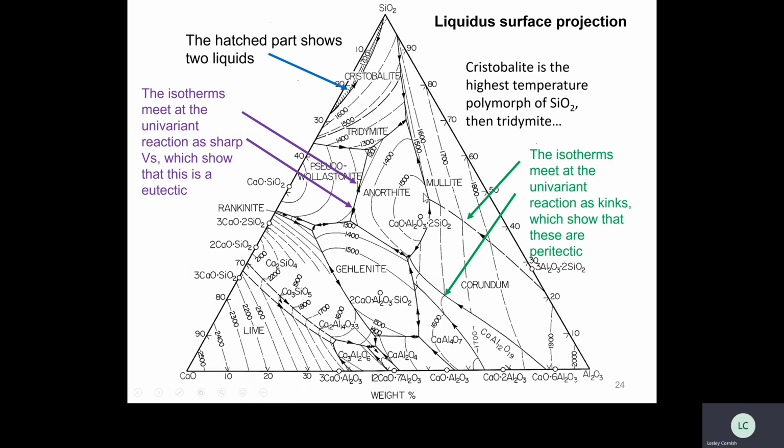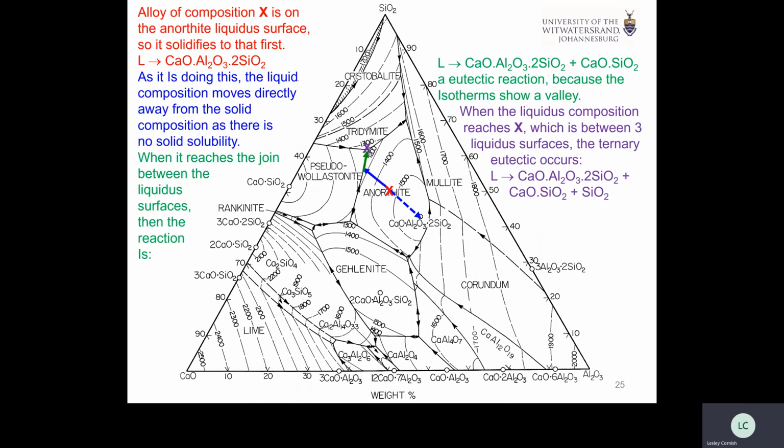This reaction here, this invariant of the liquid composition there, it's two arrows going in and one coming out. So it's liquid reacting with corundum or alumina to form anorthite and mullite. So you can work your way through that and understand liquidus surfaces.